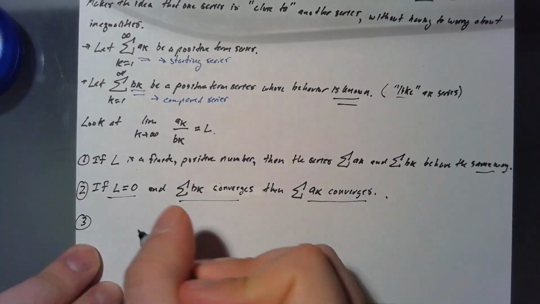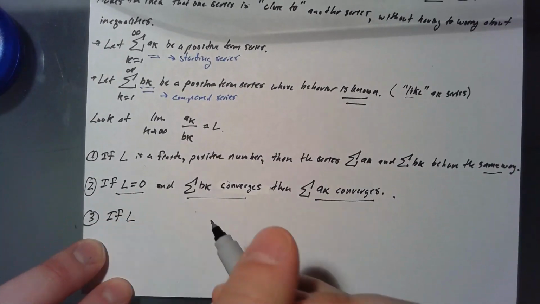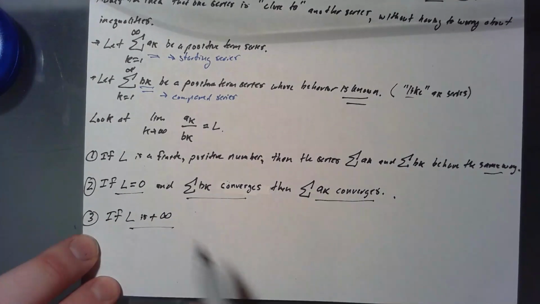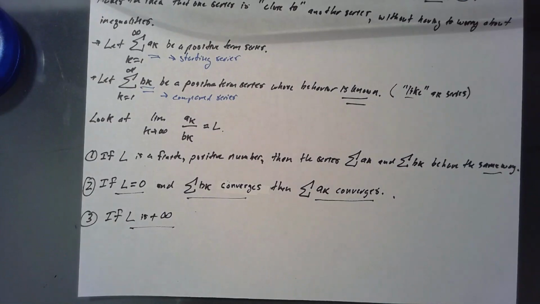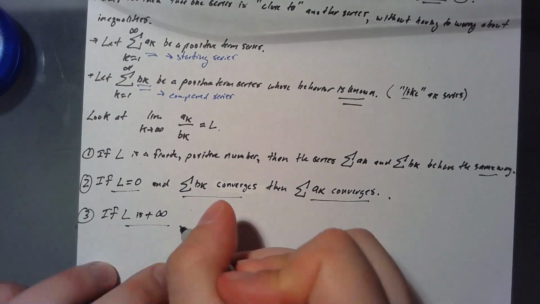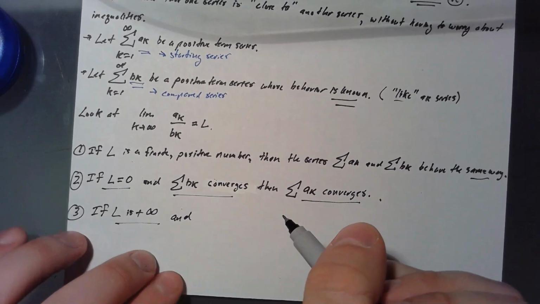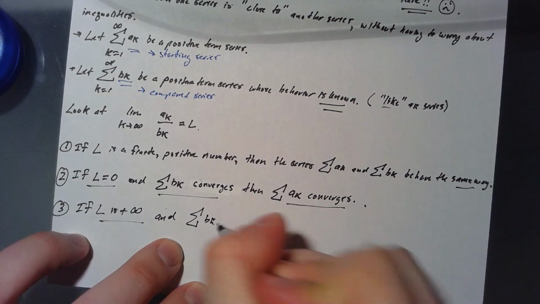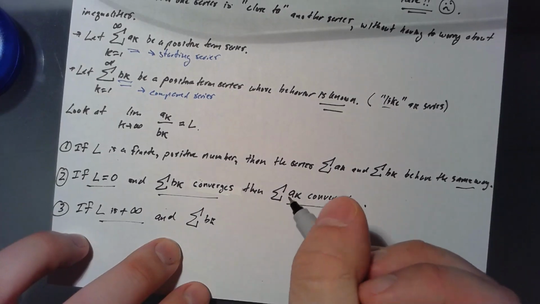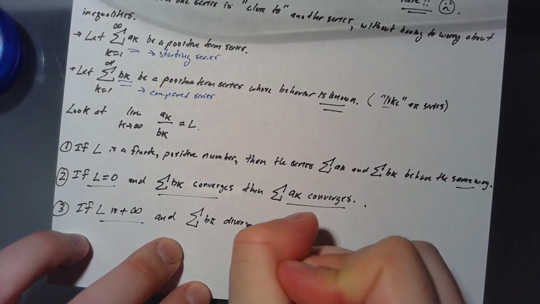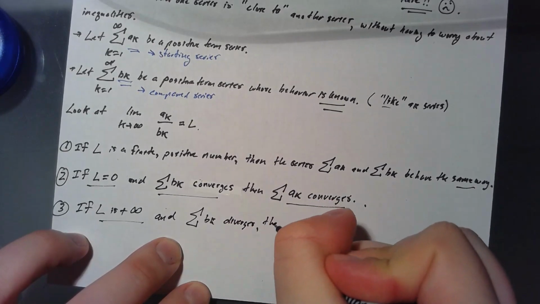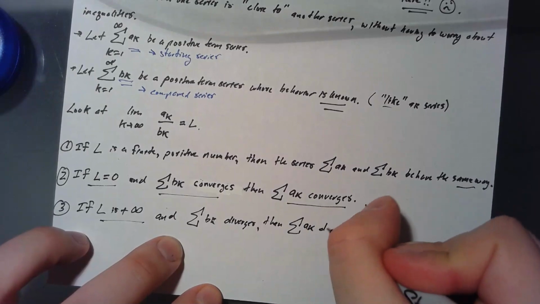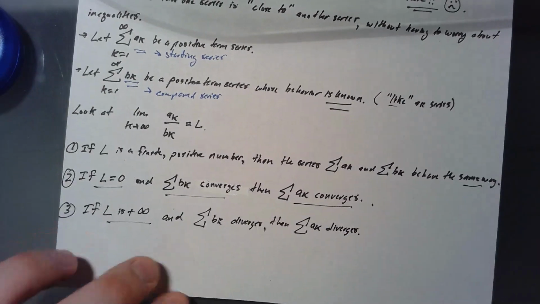And then the other condition is if L is positive infinity and b of k diverges, then a of k will also diverge.